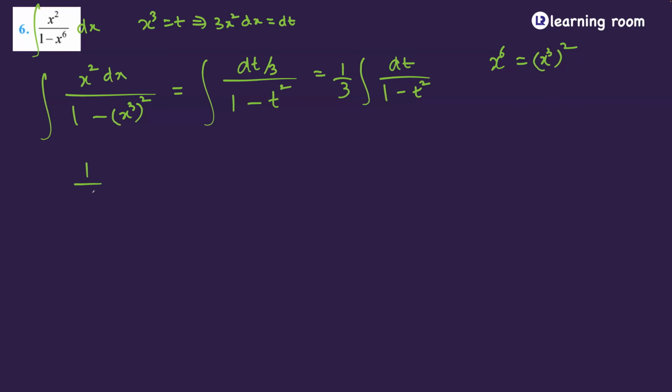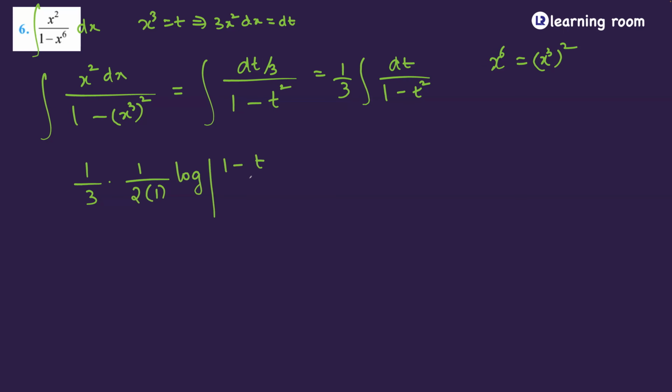So how much will this be? 1 by 3 into what is the integral of 1 by a square minus x square? That is 1 by 2a log of x minus a divided by x plus a.